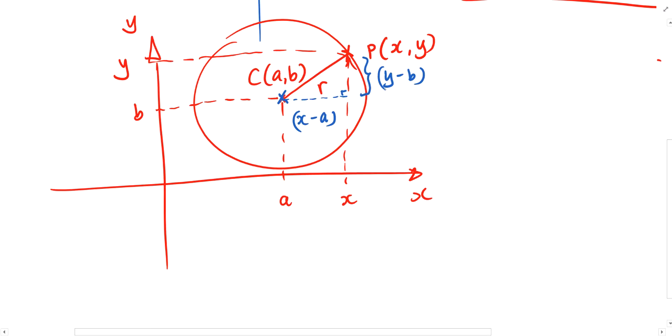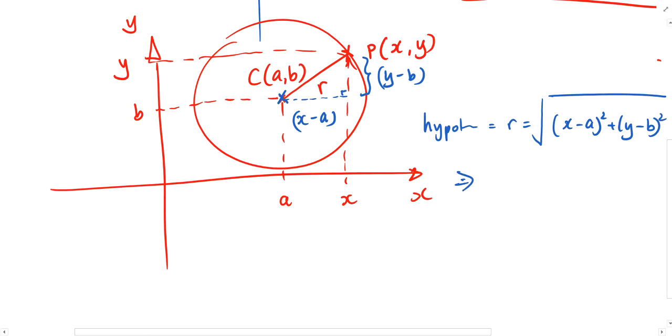Yes. What is the hypotenuse given by? R equals the square root of (x minus a) squared plus (y minus b) squared. So (x minus a) squared plus (y minus b) squared equals r squared. Right?